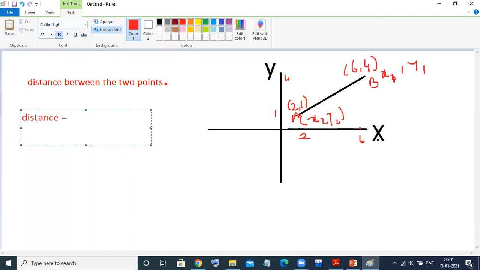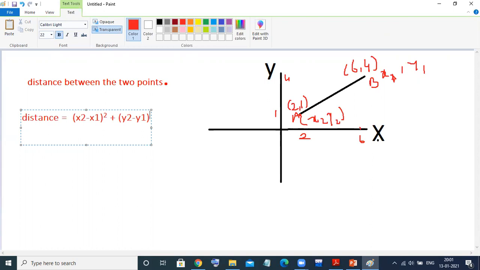I'll make the square root later because I have to find the symbol here, but let us concentrate on the formula: x2 minus x1, square, plus y2 minus y1, and again whole square.